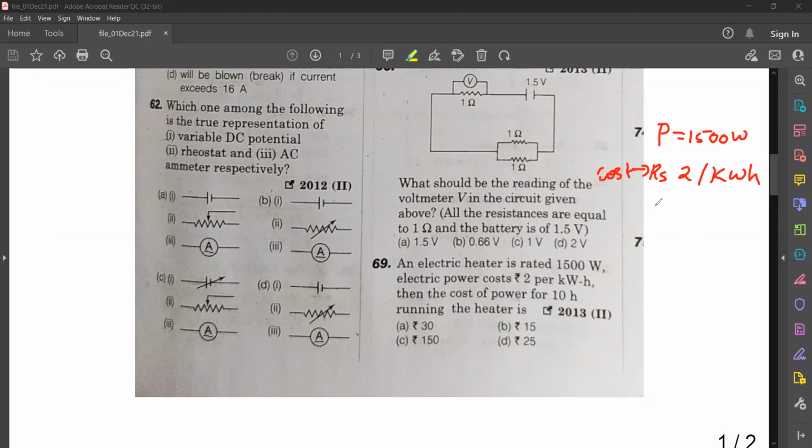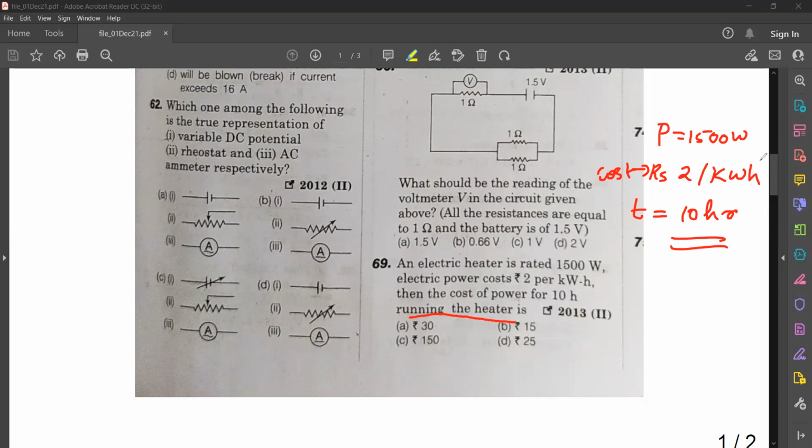Then the cost of power for 10 hours. The heater is working for 10 hours, how much does the cost become? That is what you have to find out.